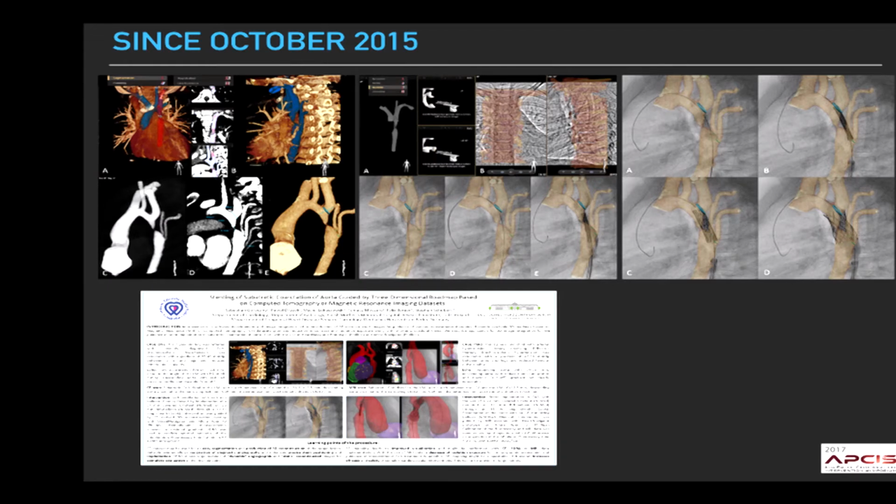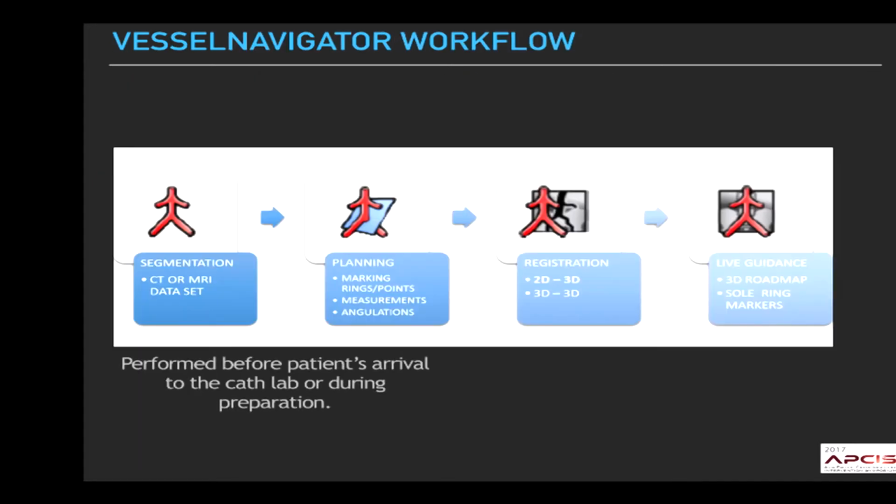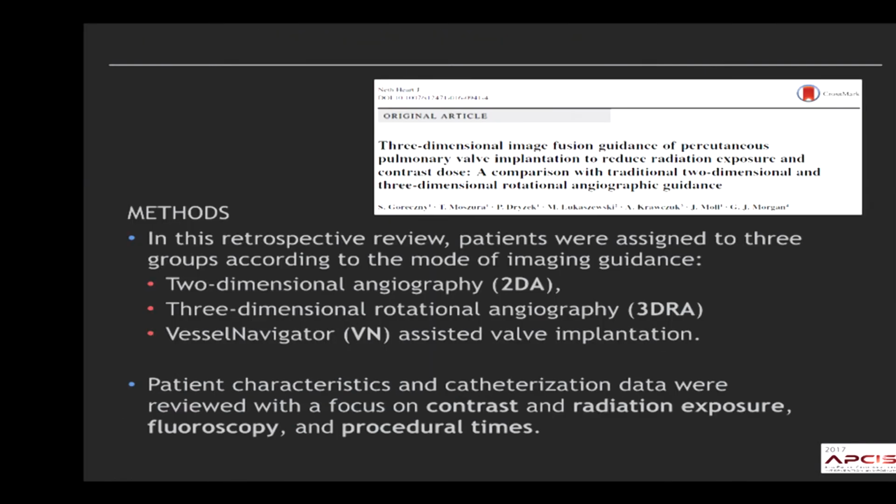They have the prototype of that fusion system, and they also use MRI images. The important improvement is that with pre-catheter imaging, we can do the segmentation and planning of the procedure before the patient is brought to the lab. So we start with registration, and that saves us time, which is very important.